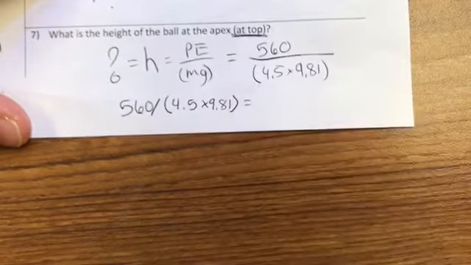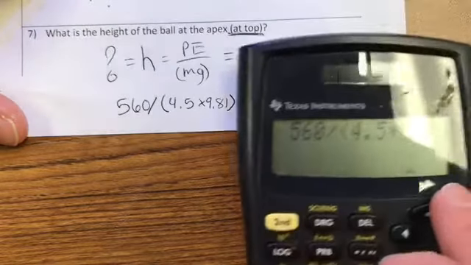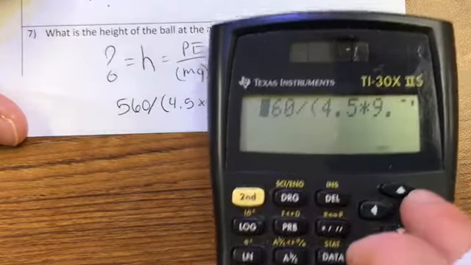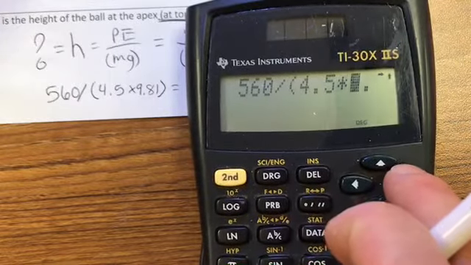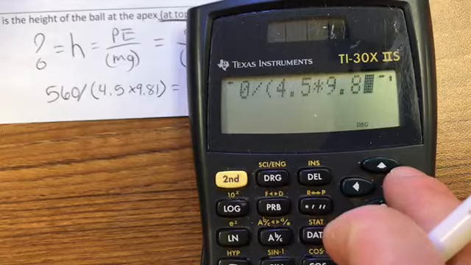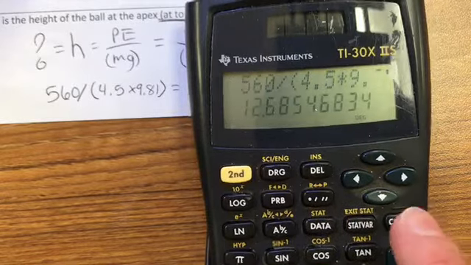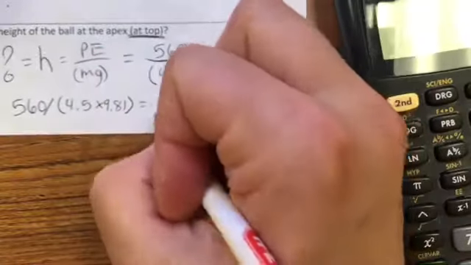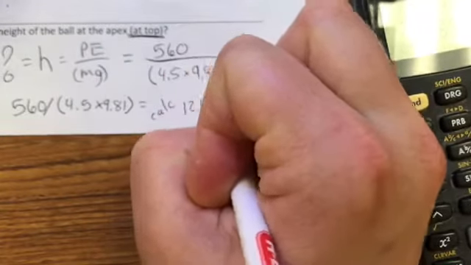Okay? Let me show you what I'm talking about. 560 divided by parentheses 4.5 times 9.81 close parentheses. Calculator says 12.6854.